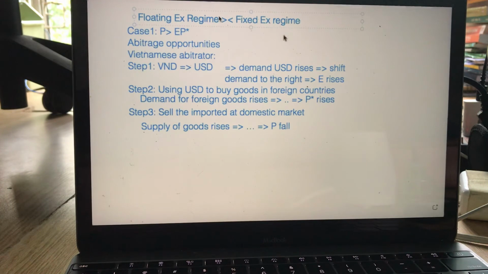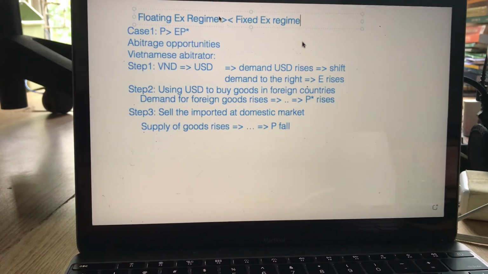Okay, in the fixed exchange rate regime, the central bank makes a commitment. They maintain or keep the exchange rate at some level within a narrow band, for example.